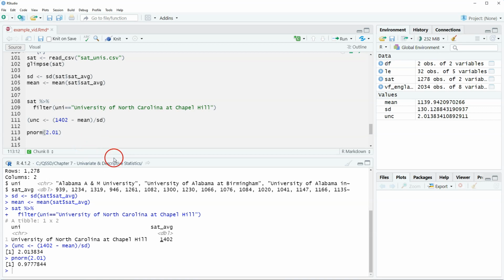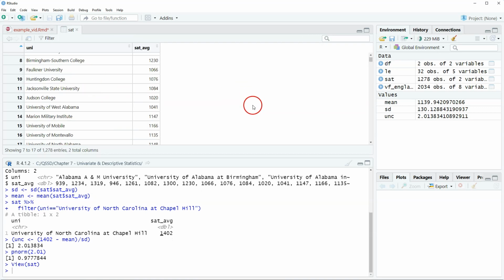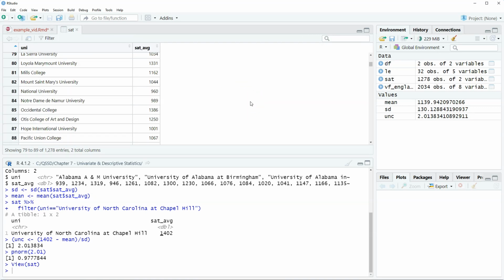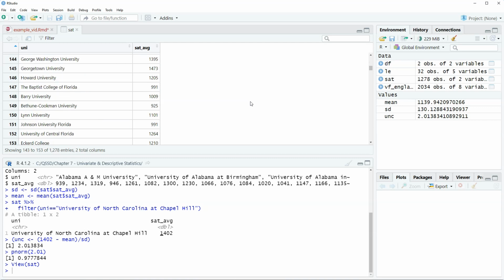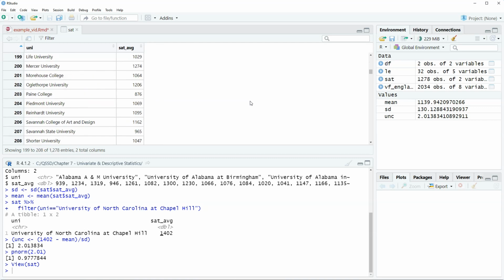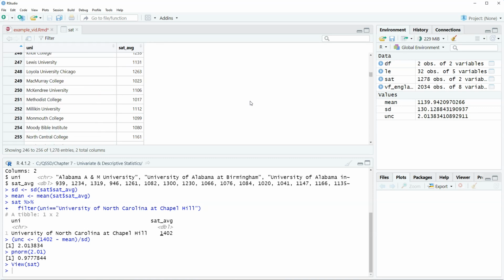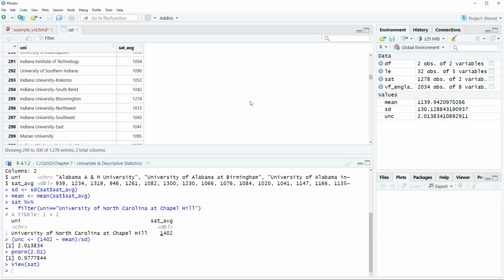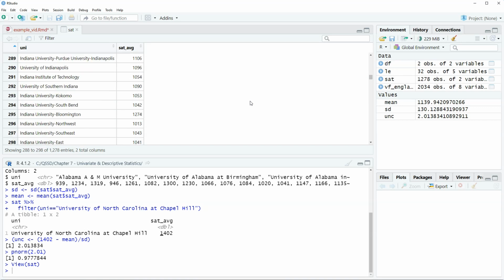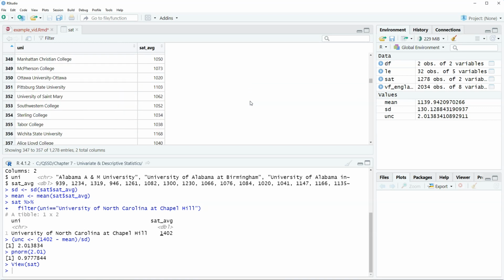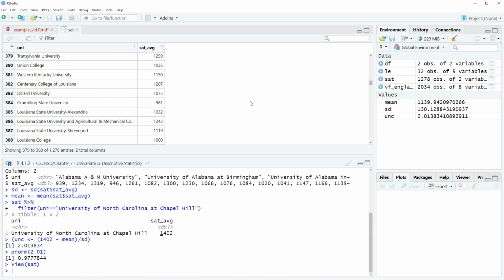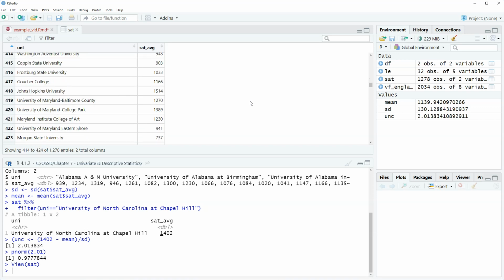Anyway, it's kind of fun to look at. Let's eyeball it and pick a random university. These aren't ordered in any way, so I'm just scrolling. What do you think? I was going to say Duke.